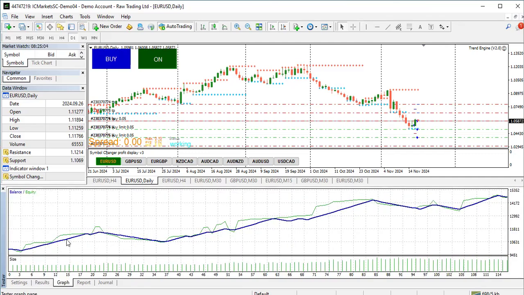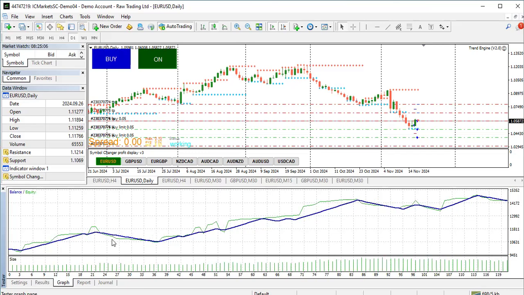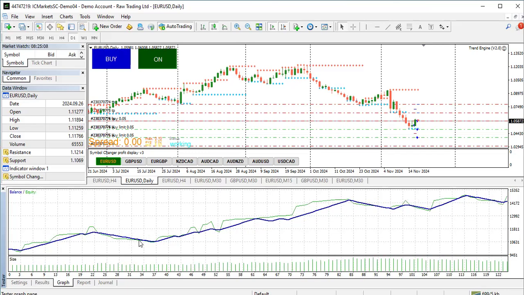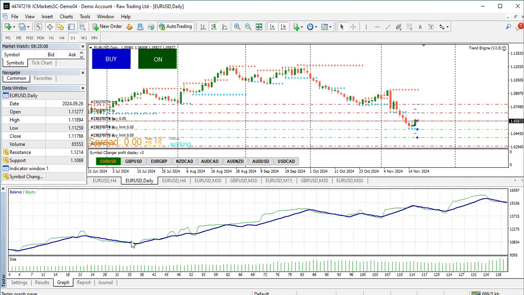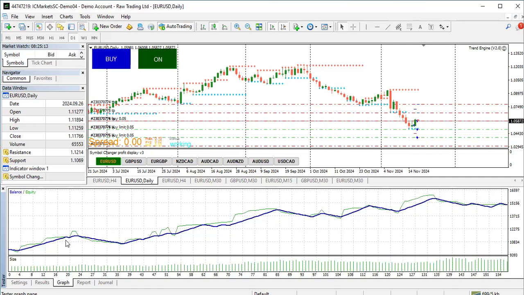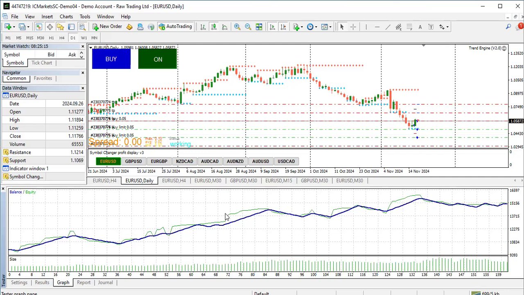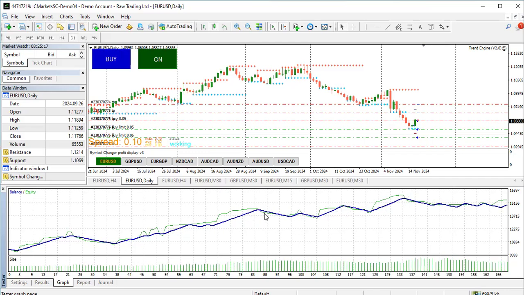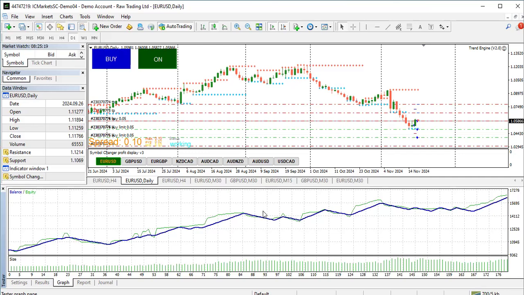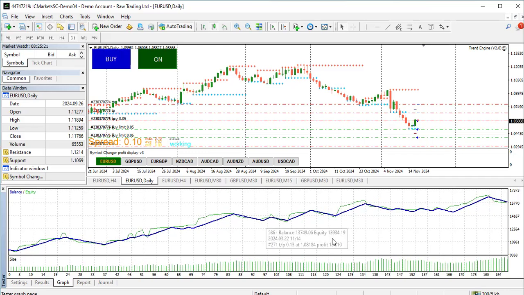One of the things I really liked about the EA, having built more than 100 EAs, no kidding, literally more than 100 EAs, is the graph. I really like the fact that we don't have one massive dip at some point.